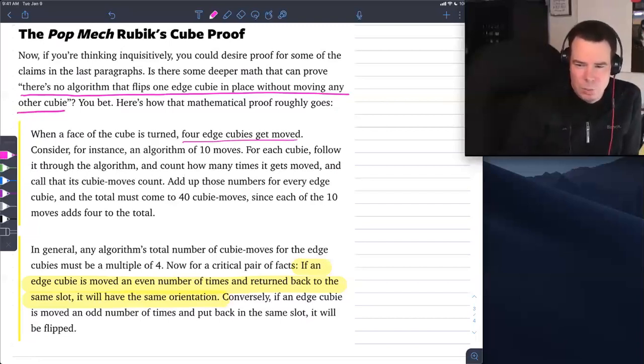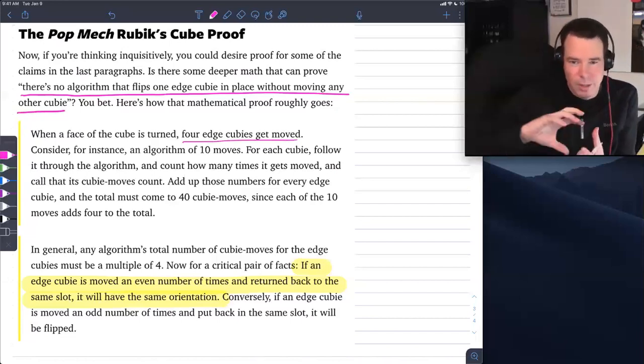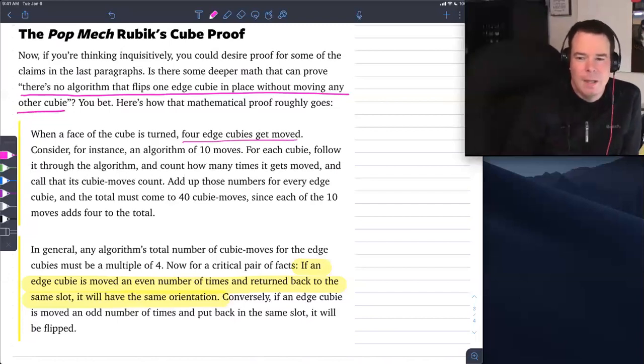Then you follow each cubie around the algorithm, you count how many times it gets moved, and you call that the cubie's move count. You do that for every edge cubie on the cube. So of all the 12 edge cubies, for edge cubie 1, how many times did it get moved? How many times was it caught up in a face twist? You do that for all of them, and then you add those all up.